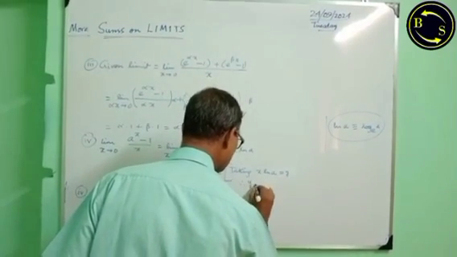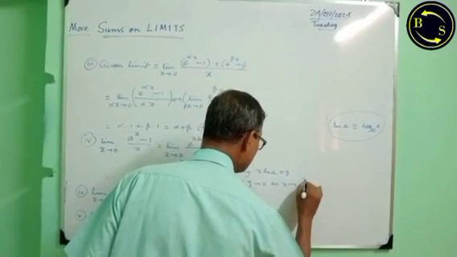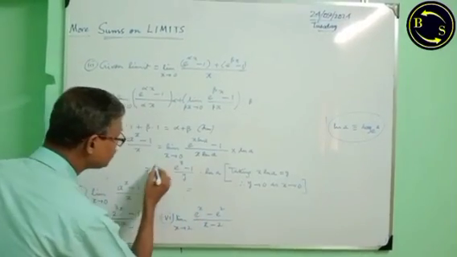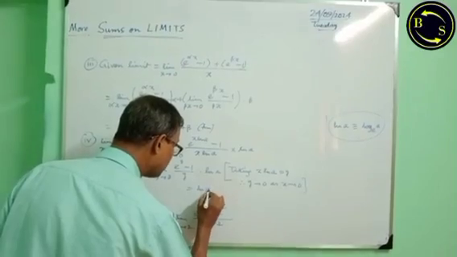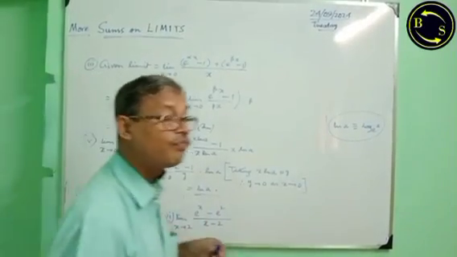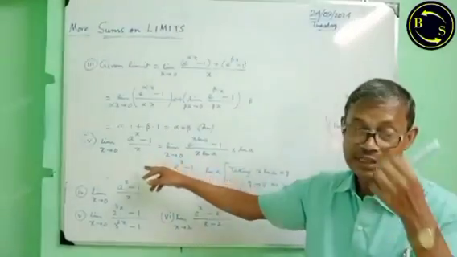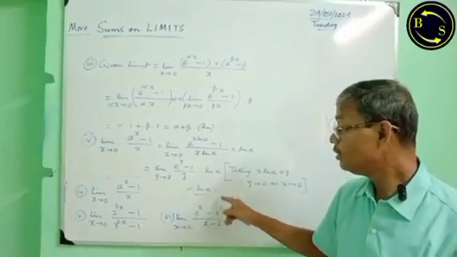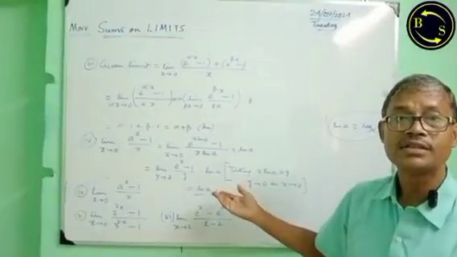Therefore, y tends to 0 as x tends to 0. Therefore, finally, this is standard limit 1 into log a. Therefore, limit x tends to 0, a to the power x minus 1 divided by x equals log of a to the base e, or written in this form, log a. This is also treated as a standard limit.